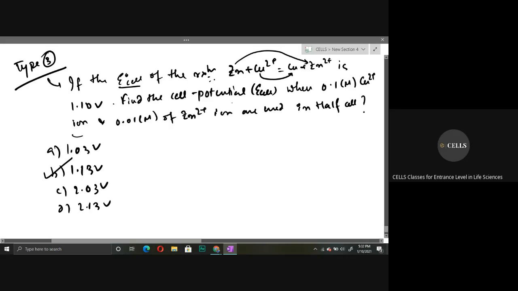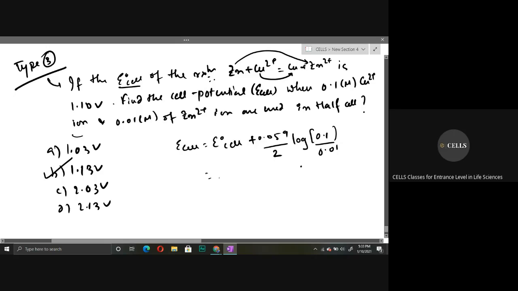So as per the Nernst equation, E cell equals E0 cell, we'll write the modified one, 0.059 by n, which is 2 electrons, so 2, log of cathodic by anodic. Which one is the cathode? Cu2+ to Cu, this is the cathodic part, that is 0.1, by the anodic one, Zn to Zn2+, 0.01.